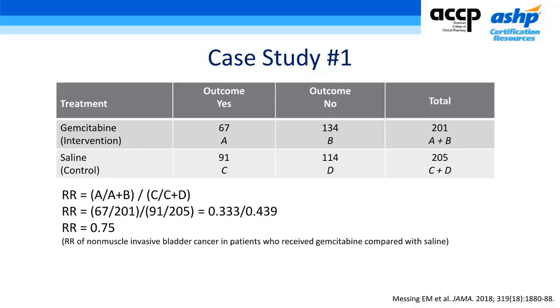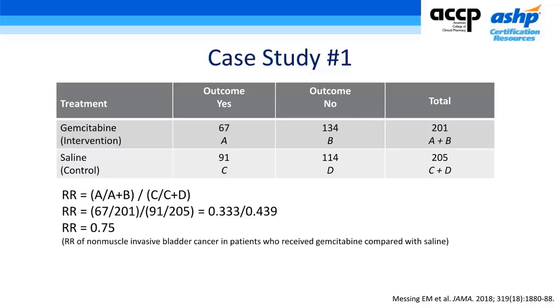So in cell A, where the outcome occurred with gemcitabine or the experimental intervention, I had told you that there were 67 participants who experienced the outcome. Now, there were 91 participants who experienced the outcome with the control group. From the results from the previous slide, there were a total of 201 subjects randomized to gemcitabine and 205 subjects randomized to saline.